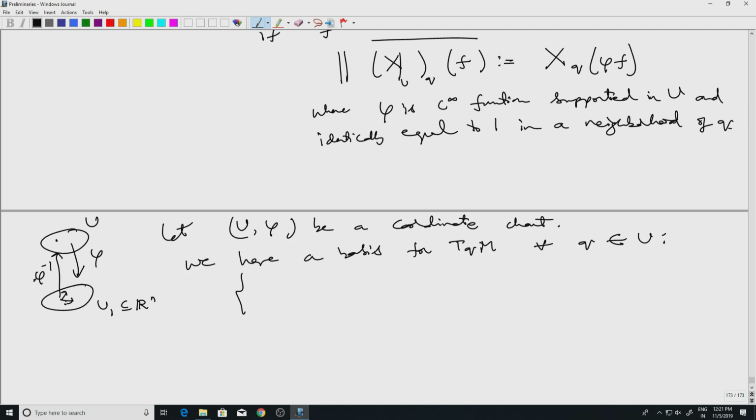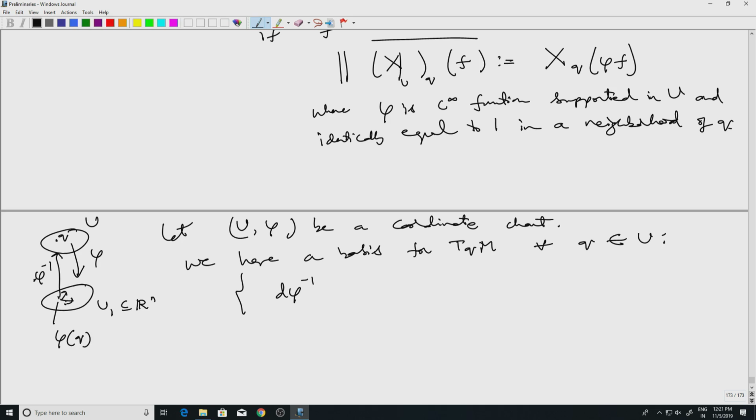So what I do is d phi inverse. If I start with a point Q, suppose I want a basis for the tangent space at Q. I go to phi of Q here, use the basis here and use the derivative.